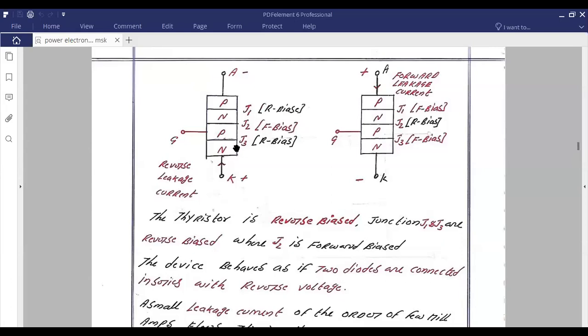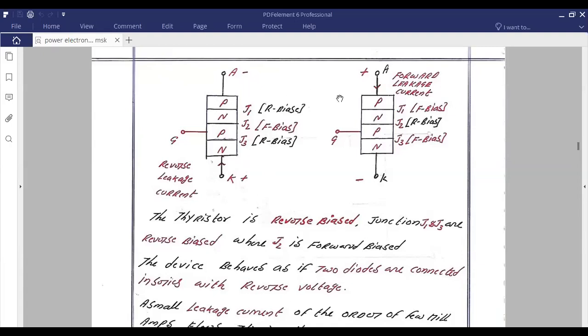As two junctions are reverse biased in this state, there also exists only a small leakage current. That small leakage current makes the device be in the reverse blocking mode.